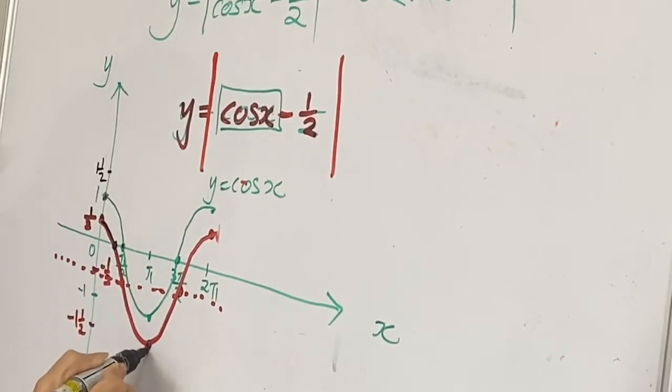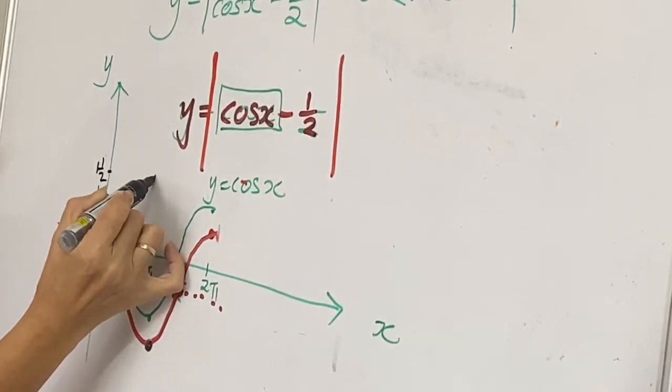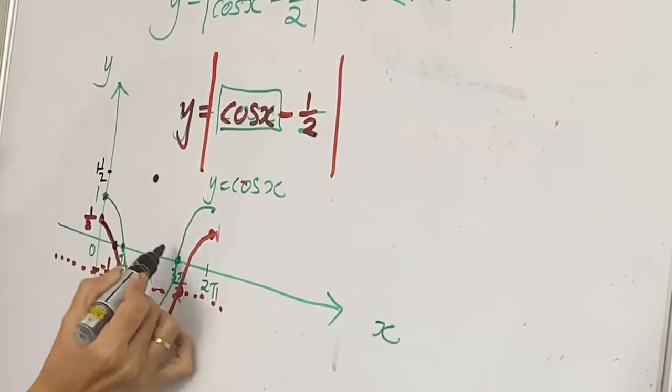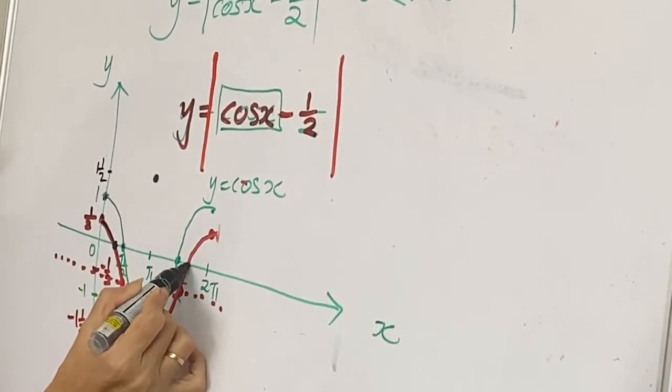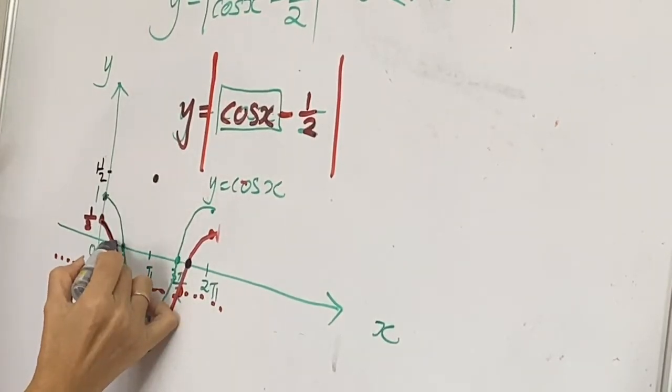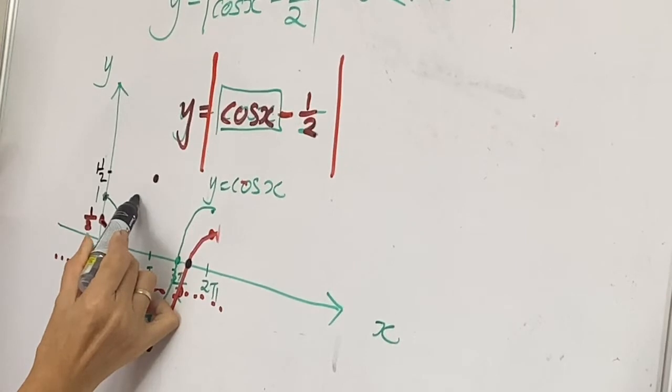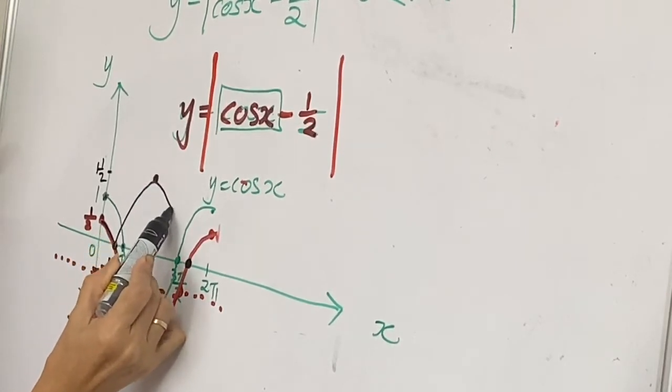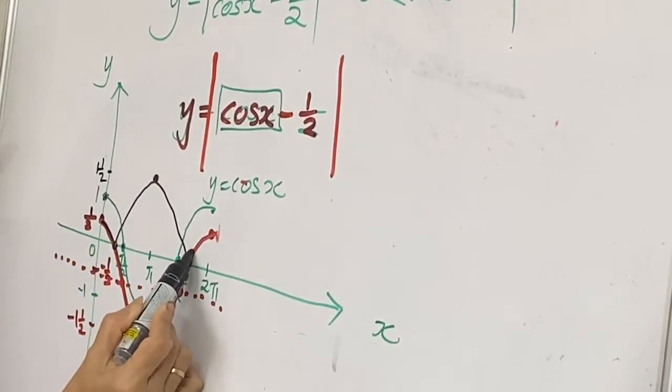We always focus on the lowest point. You reflect it. This point is 0, and if it is at 0, then it will still be 0 after you do the reflection. So your graph should be like this and like this.